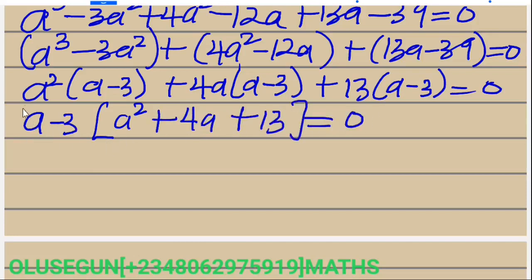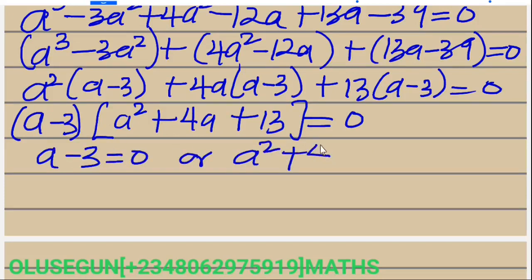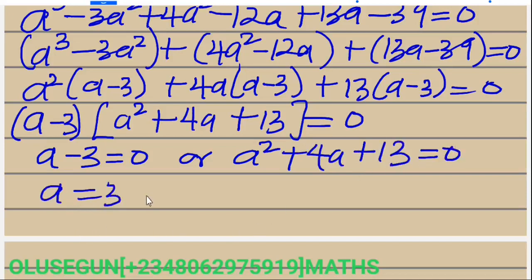So since two numbers being multiplied together is equal to 0, it means a minus 3 is equal to 0, or a squared plus 4a plus 13 is equal to 0. So a is equal to 3, or a squared plus 4a plus 13 is equal to 0.